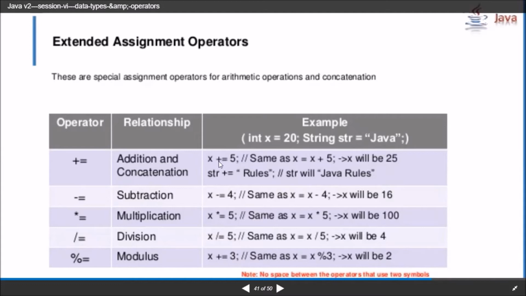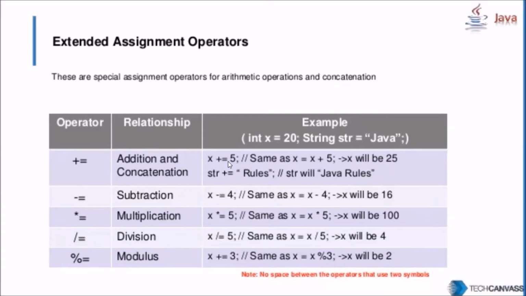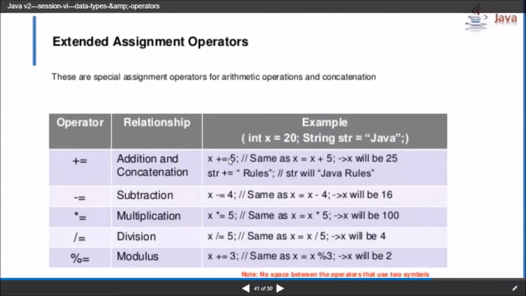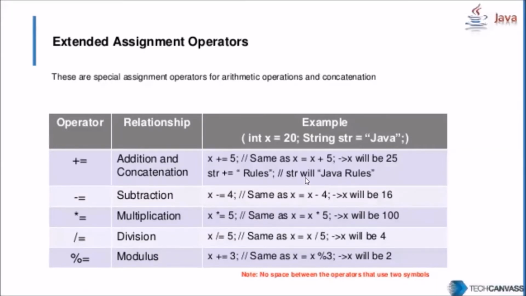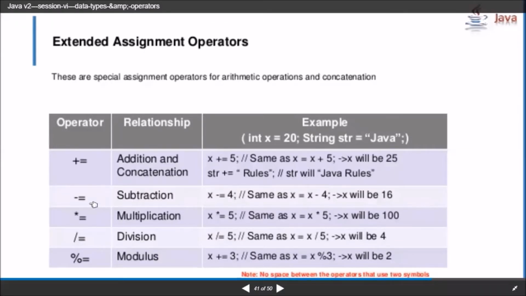When I say plus equal to 5, it will take up the existing value of x and add 5 to it, which will result in 25. If it's a string, it will concatenate. Right? And same goes for subtraction, multiplication, division, and modulus.